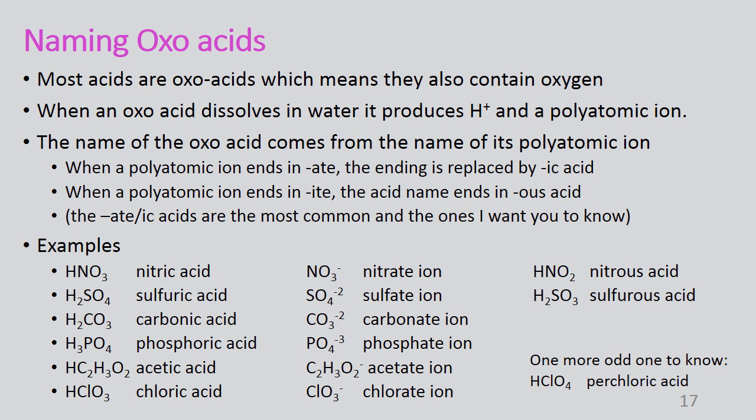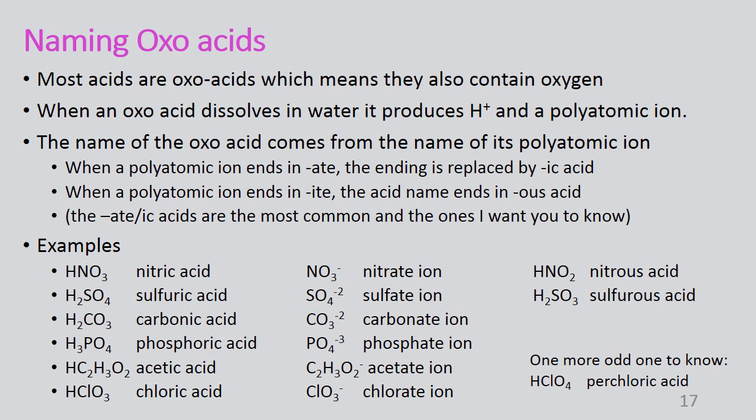Some of the polyatomics, if you remember, I didn't tell you that you needed to remember them. The ones that end with the ITE ending get changed to OUS acid. So for example, NO2 negative was the nitrite ion, and so when it forms an acid, it becomes nitrous acid. Same thing with SO3 negative 2, the sulfite ion, and so when it becomes an acid, it is sulfurous acid rather than sulfuric acid.